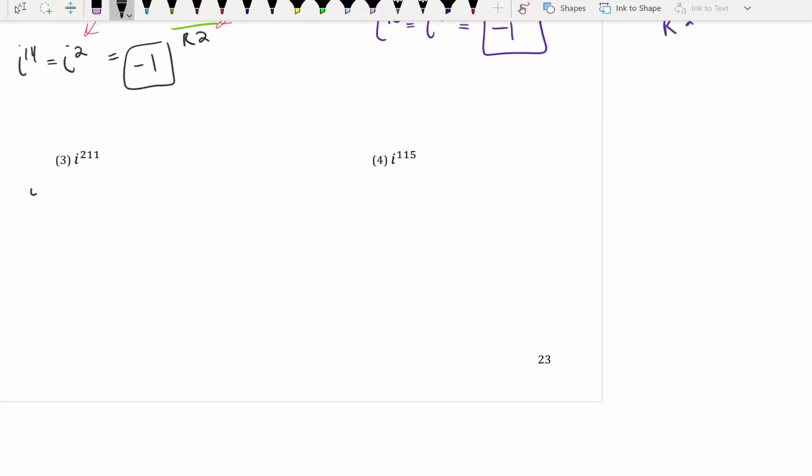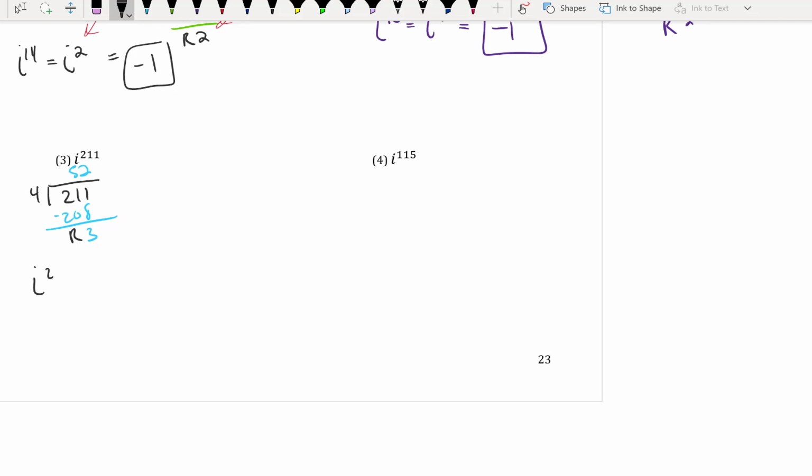So I have 4 that's going to get divided into 211. So that is going to be a 52. So 52 times 4 gives me 208. If I subtract, I'm going to get 3. So my remainder is 3.